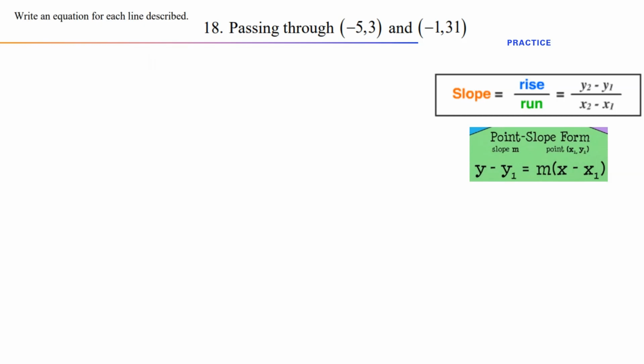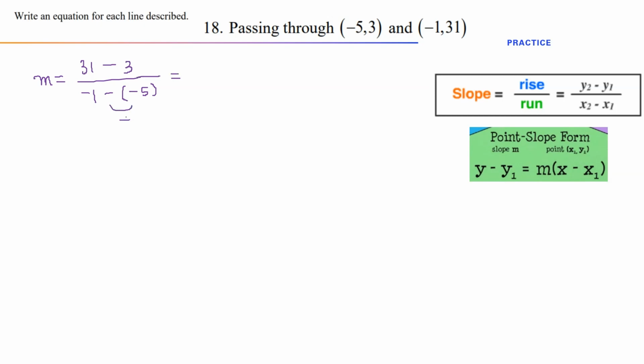Okay, this one is similar. So we have to find m equal the y2, which is 31, minus the y1, which is 3, over the x2, which is negative 1, minus the x1, which is negative 5.